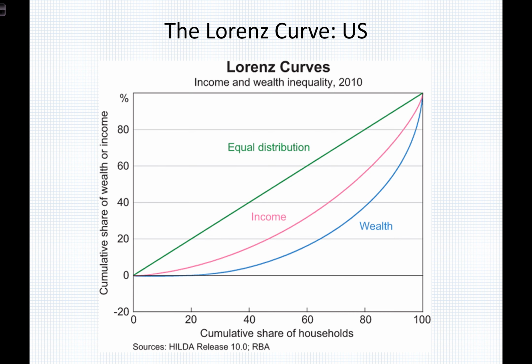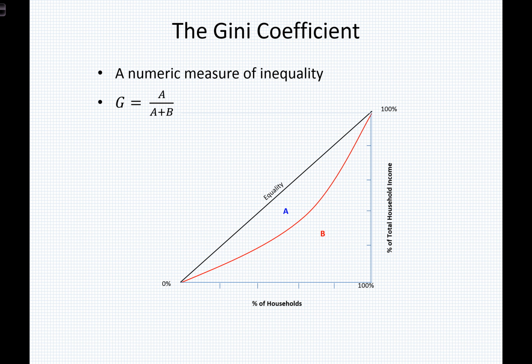A gentleman by the name of Gini in 1912 said, well, maybe we can give a numeric value to this. Maybe we can value it in such a way that it tells us something at least as illustrative and within a much more efficient mechanism.